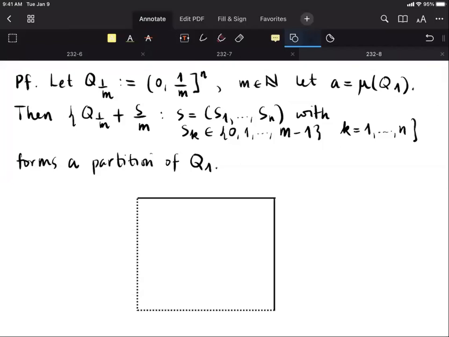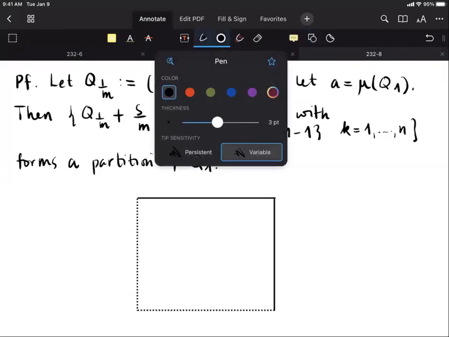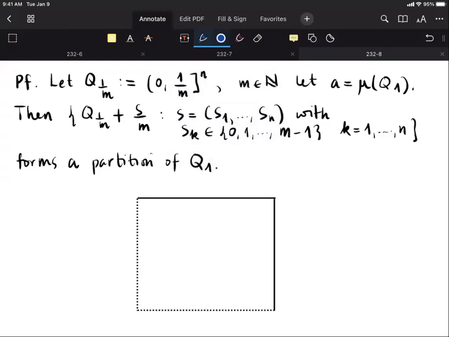So to have an idea of this remark here, let's say in the case n equals 2, and m is also equal to 2. So Q sub 1/2 would be this part.